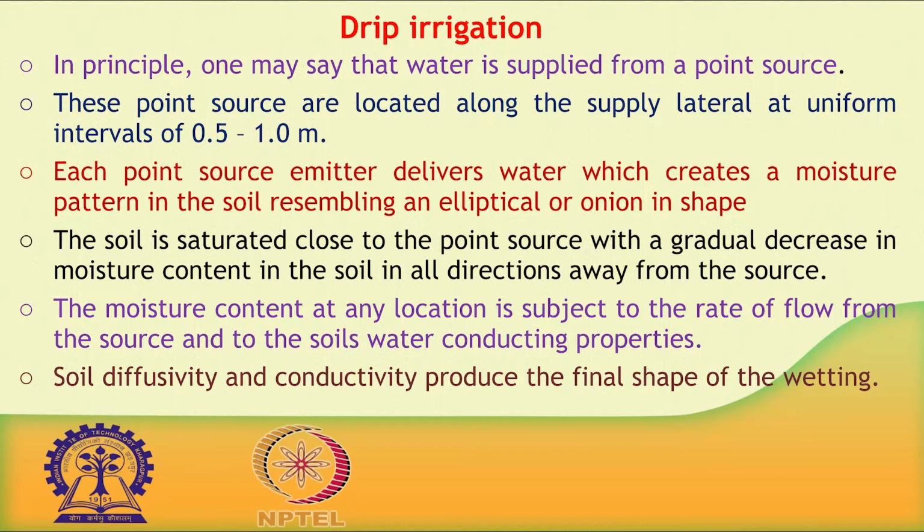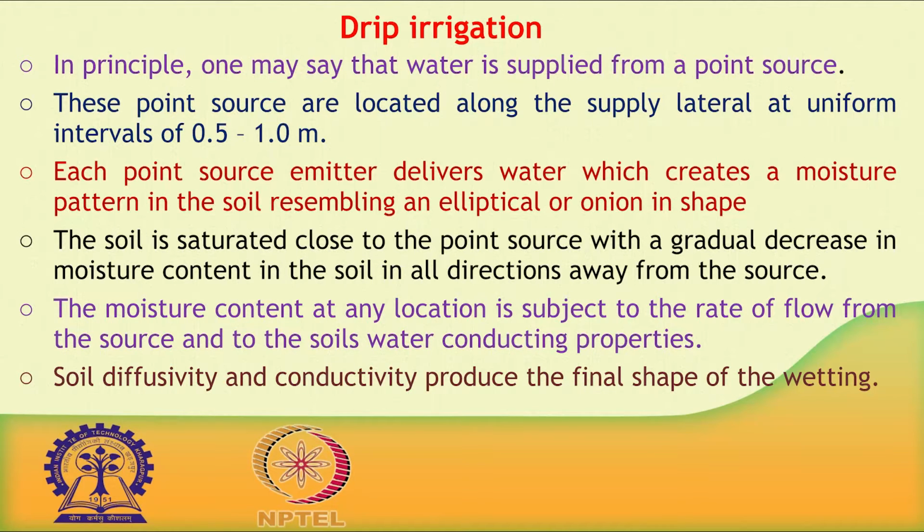Now, moisture content at any location is subject to the rate of flow, meaning the discharge from an emitter, and the soil water conducting property, basically the hydraulic conductivity of the soil. Soil diffusivity and conductivity produce the final shape of wetting.